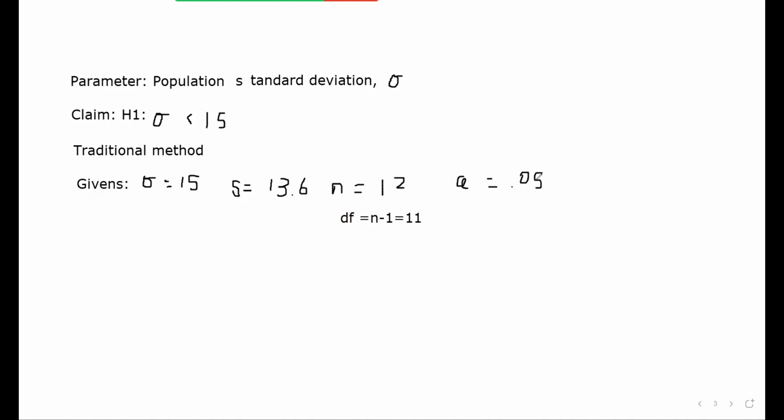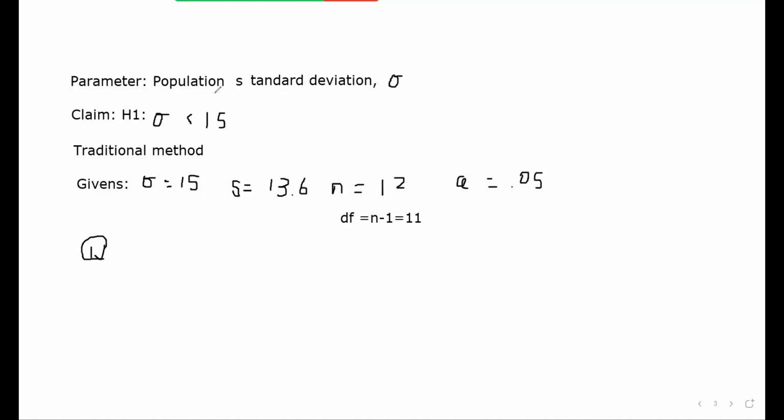Okay. Now our first step is always write the null and the alternative hypotheses. So step one. Put your step number in a box.